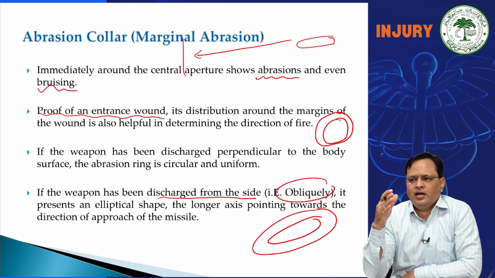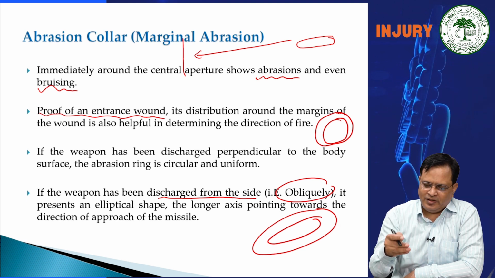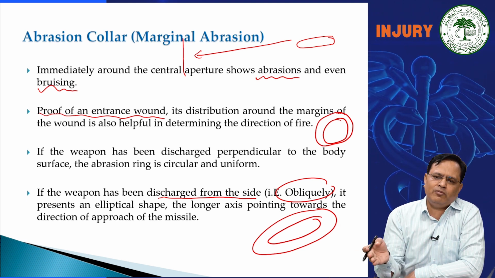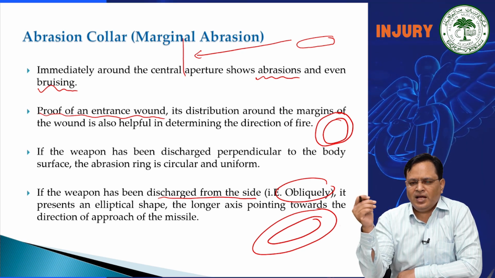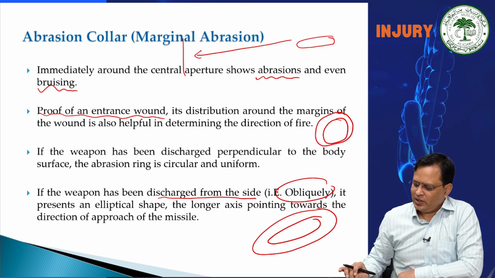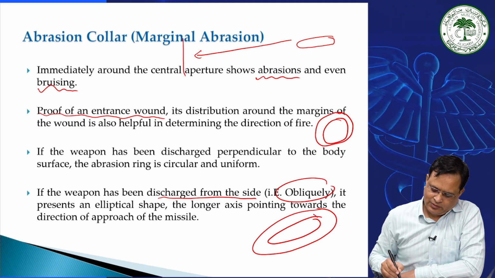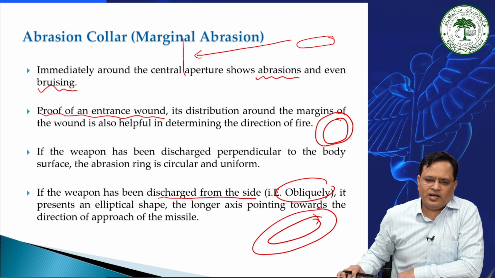And before that, within the flame range also, there is abrasion, but it is more predominated by tattooing and the swelling. Tattooing and, initially, the soot particles.